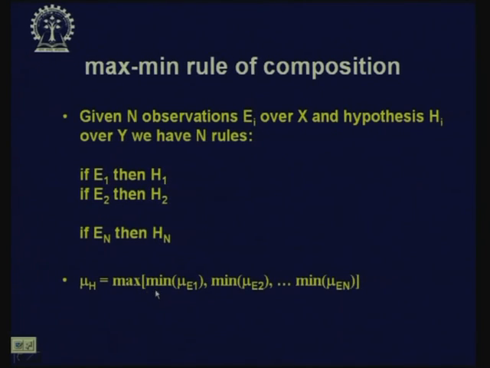So, if all of them are true, I will take the mean of mu. This can be a conjunction, right, as we said x is A and y is B. So, there what would we do? We will take the mean of that. So, we will get a mean value of E1, a mean value of E2, a mean value of En, and then out of those I will take the max of those.